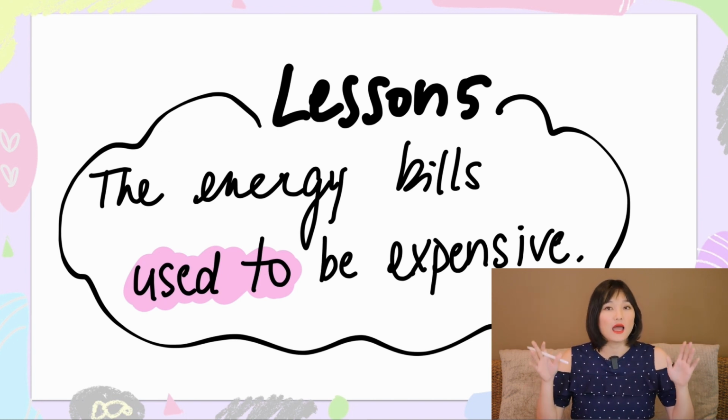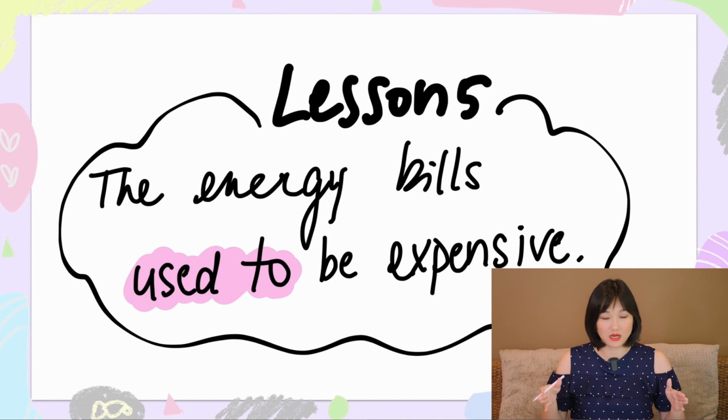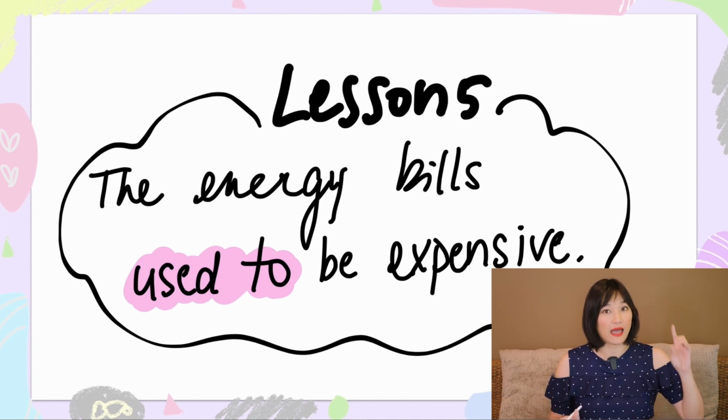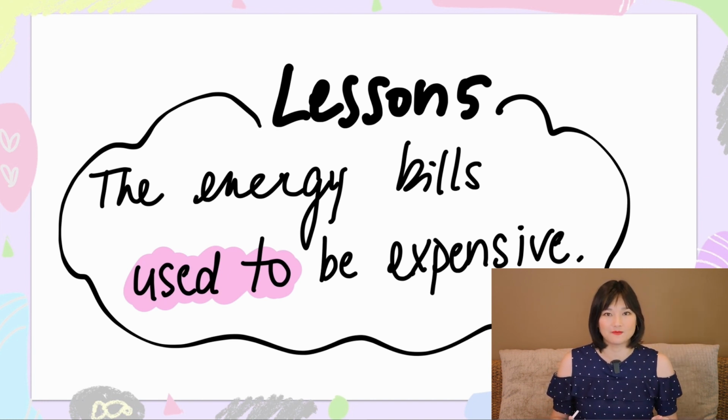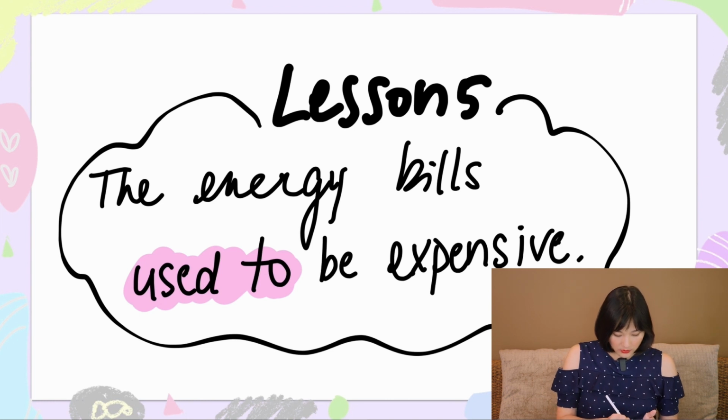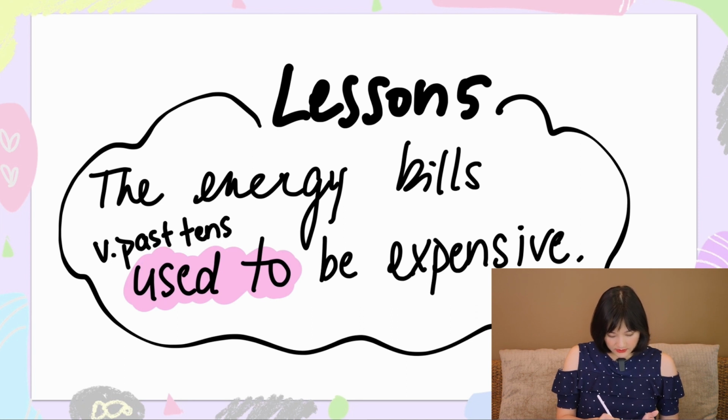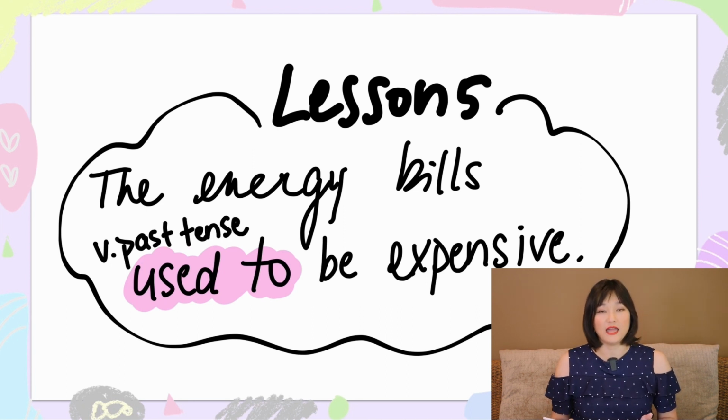It doesn't happen at present, but it happened in the past. Okay? So this one I would write down: the verb is past tense. Yes. And I'm going to explain to you now how we can use "used to."